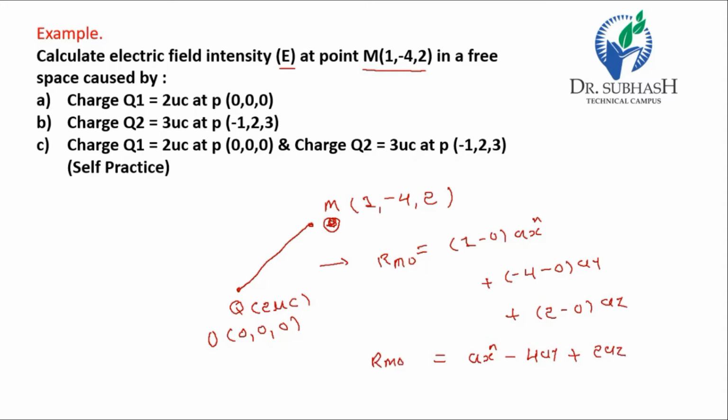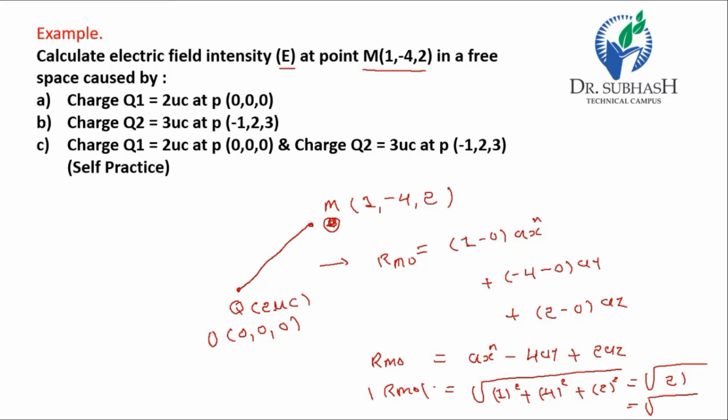The magnitude of RMO is under root 1 square plus minus 4 square plus 2 square, which is 1 plus 16 plus 4, meaning under root 21, which is equal to 5.385.